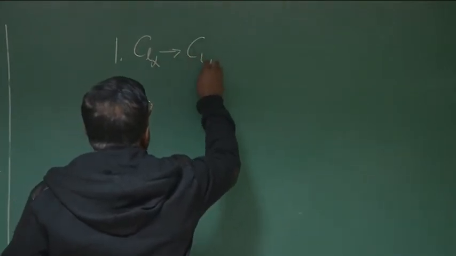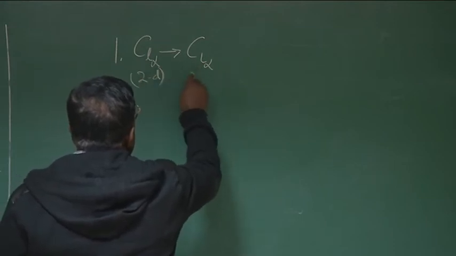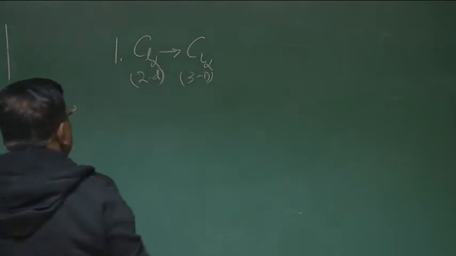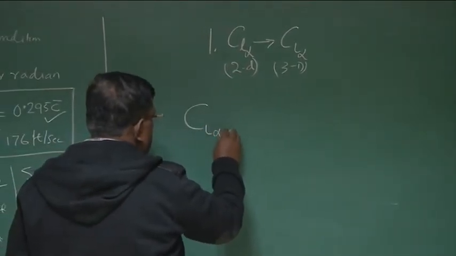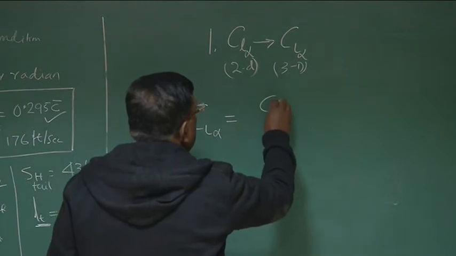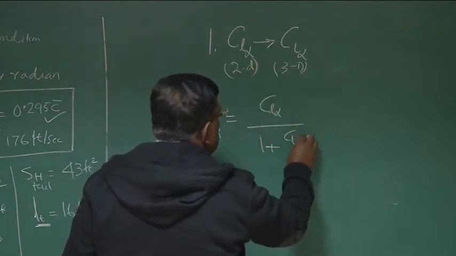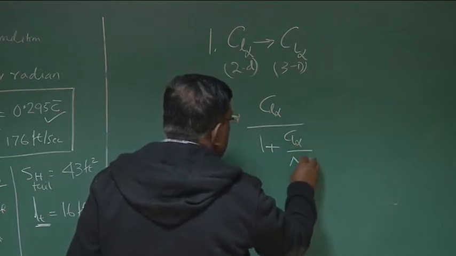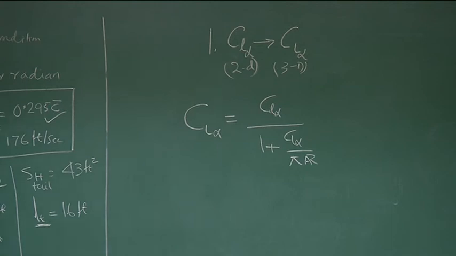We are now going to do a calculation of how CL alpha 2D can be converted to 3D. The formula which you already know: CL alpha 3D is equal to CL alpha 2D divided by 1 plus CL alpha 2D by pi times aspect ratio. I am taking e as 1. Now let us do it. What is the aspect ratio for the wing?